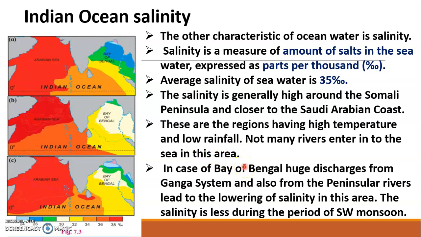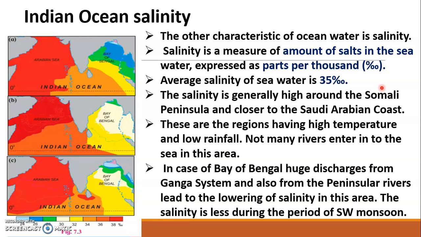Suppose the temperature is very high, meaning the heat is more, then definitely the rainfall is going to be less. In such an area, because of a large amount of evaporation of the water by the sun, the content of the salt is high and the content of the water is less, so it becomes more concentrated. Somali is a place where the salinity is very high.